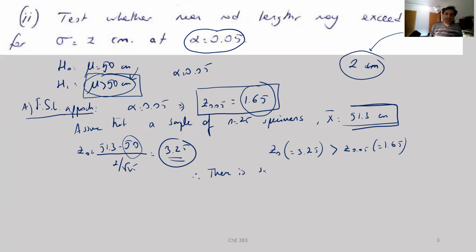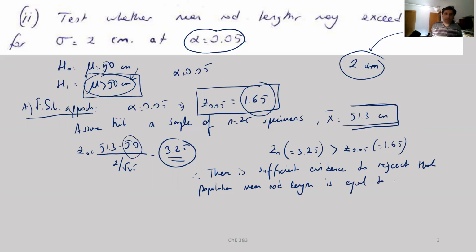There is sufficient evidence to reject that the population mean rod length is equal to 50 centimeters.